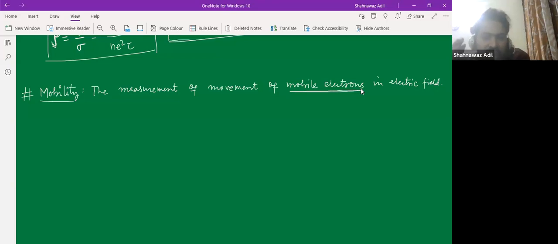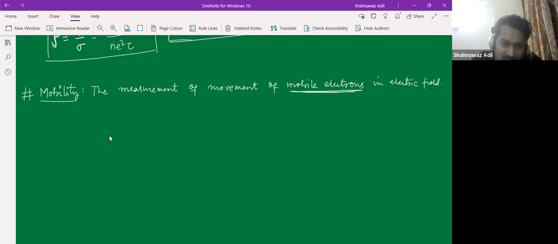Those electrons are necessary for conduction. When there is a current, it is only due to these mobile electrons. These electrons are free, not the interior electrons, right? Only the free electrons are called mobile electrons.